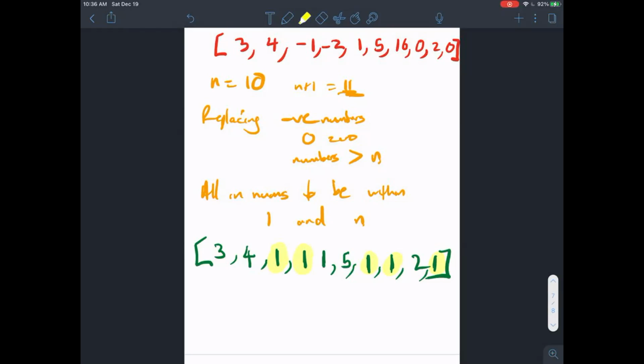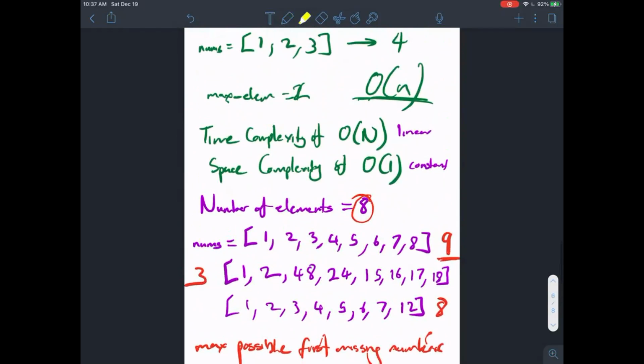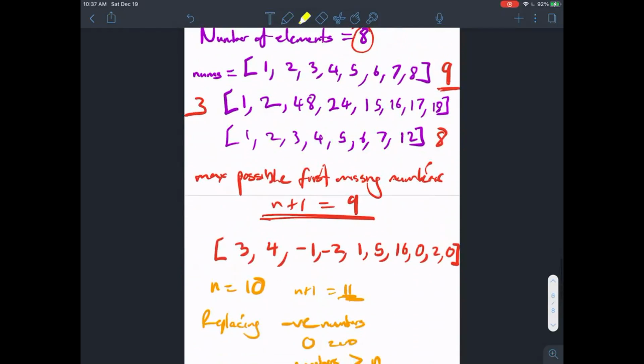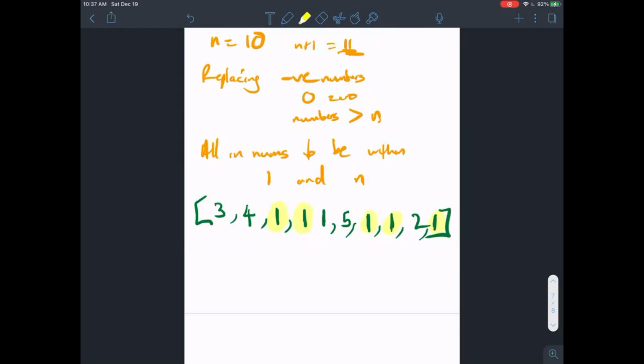Now we want to solve it in linear time and using constant space. Constant space meaning we don't create another array. Let's just use nums to see how we can optimize on that.